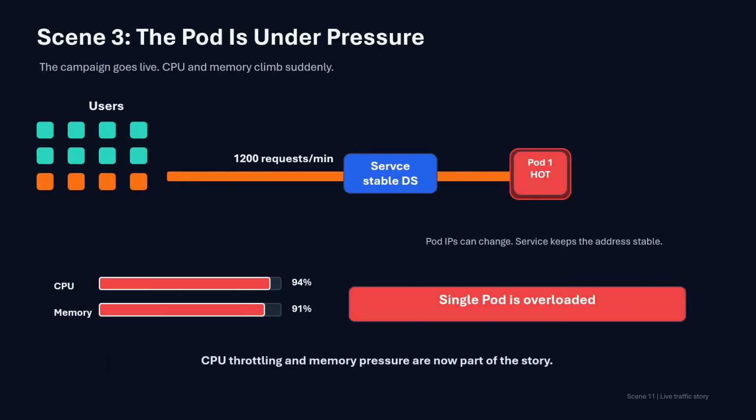Now if I send 1200 requests per minute to that application, CPU throttling will happen. That means other requests cannot be served by the application running inside the pod. You can see there is only one pod.